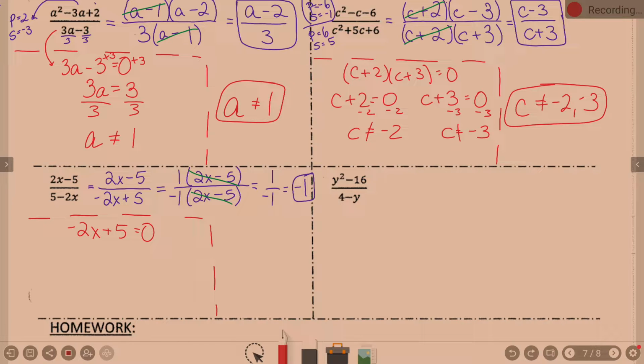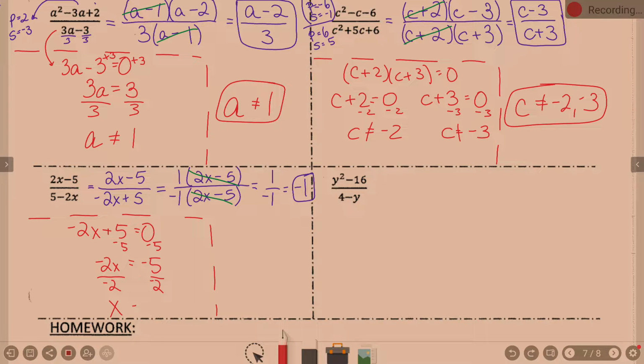Okay. If I do negative 2x plus 5, how do I solve? If it's negative 2x plus 5, we subtract 5. Negative 2x equals negative 5. If it's negative 2 times x, we're going to divide by negative 2.